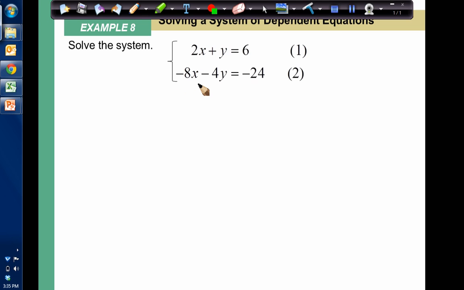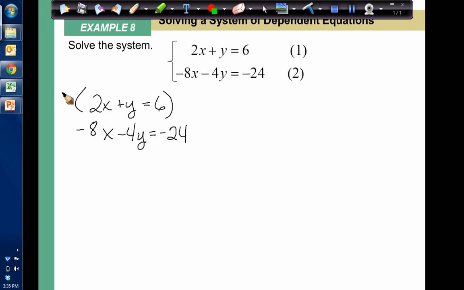So if you're trying to solve this by elimination, copy down the first equation and the second, and we're going to decide what we need to multiply by. In this case, let's try to cancel out the x's. Sounds good. Okay, so if we're going to cancel out the x's, then we need to multiply this first equation by 4, and we'll leave the second equation alone.